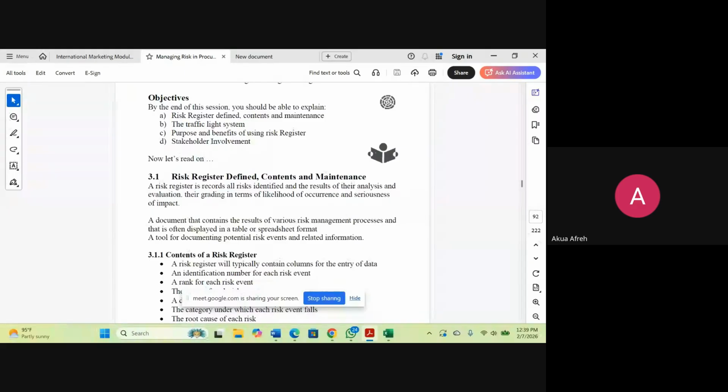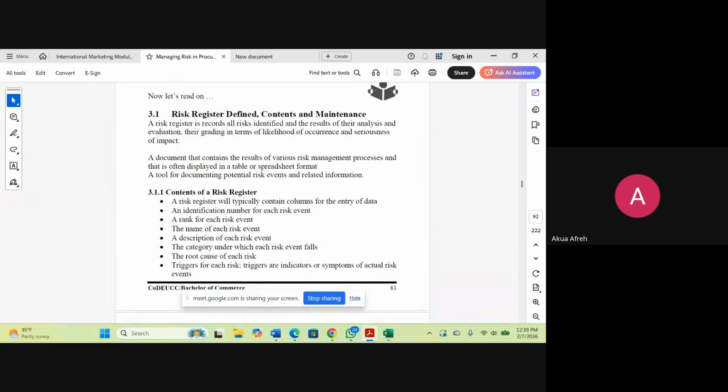Then you assign the responsibility of a risk to a risk owner, somebody who is going to make sure that if this risk is there, we control it. It's the responsibility of the person to either reduce it or eliminate it altogether.